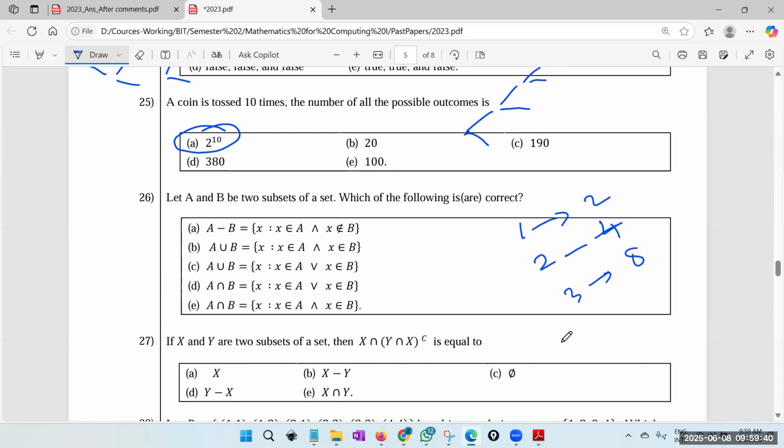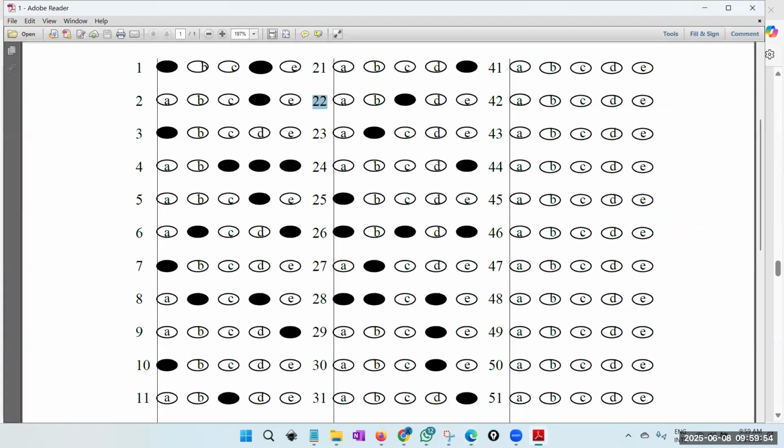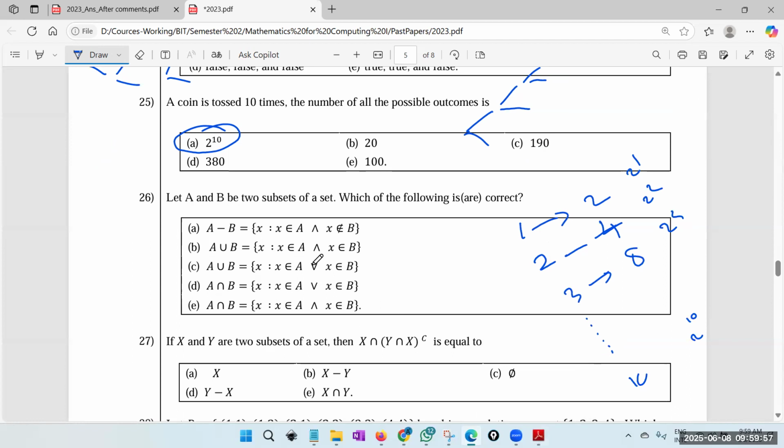So if it is 10 times, and this is 2 to the power 1, 2 to the power 2, 2 to the power 3, then 2 to the power 10. Answer is A. 25, A. Yes. 26.